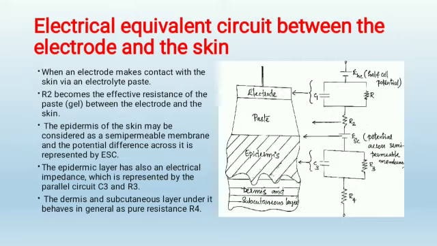The epidermis of the skin may be considered as a semi-permeable membrane, and the potential difference across it is represented by ESC. The epidermal layer also has an electrical impedance, represented by the parallel circuit of C3 and R3. The dermis and subcutaneous layer under it behave in general as pure resistance, that is R4.